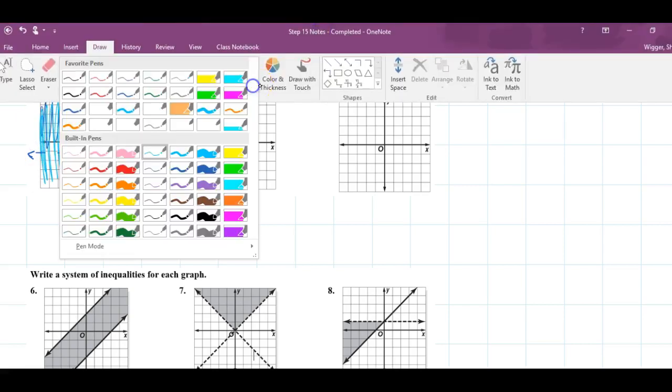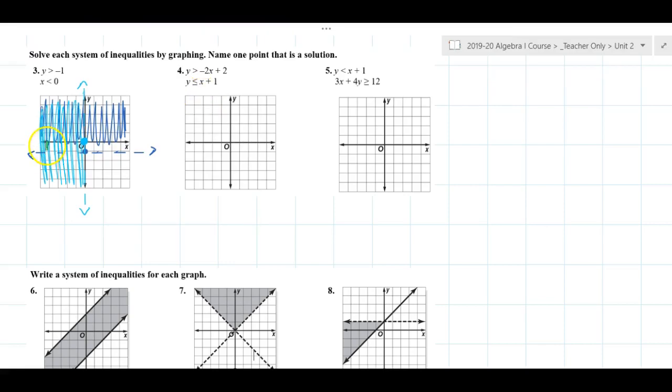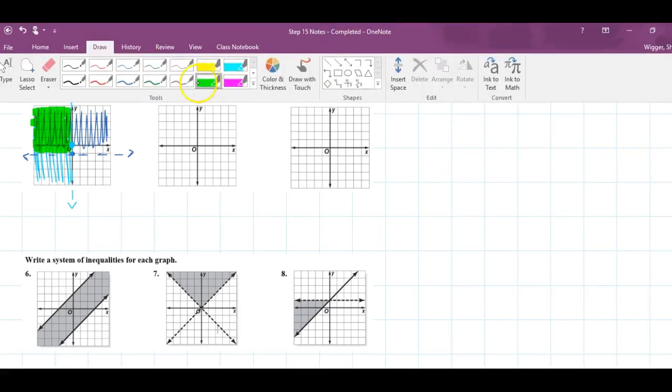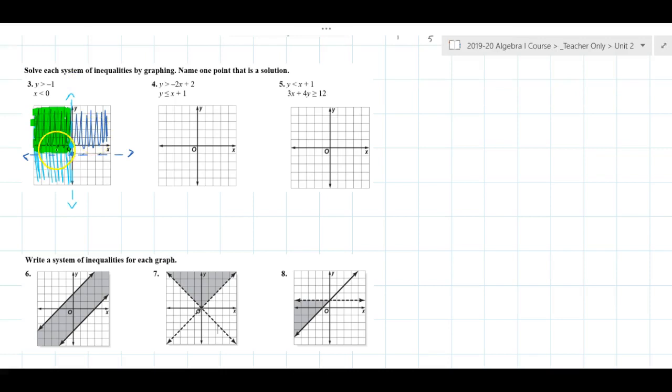Now, the double shaded region, I need to really make sure I know what region that is. This is the region that's double shaded. These points satisfy both inequalities. Name one point that is a solution.